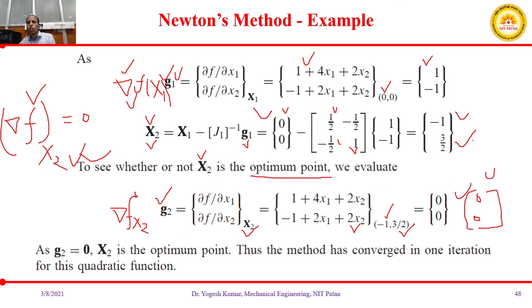Okay, so this way we can see that we could find your optimum solution in a single iteration, as compared to other methods where we have to reiterate, or do the same process repeatedly, in order to find the optimum value of your given function.